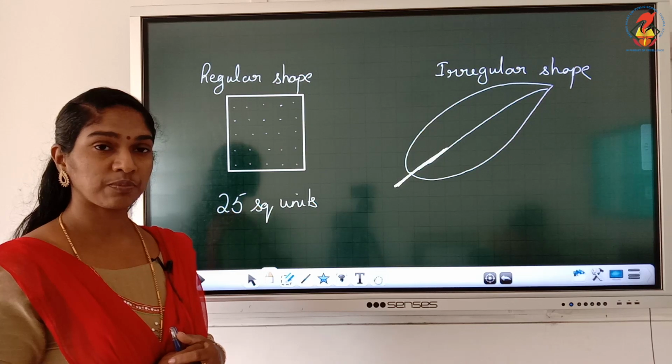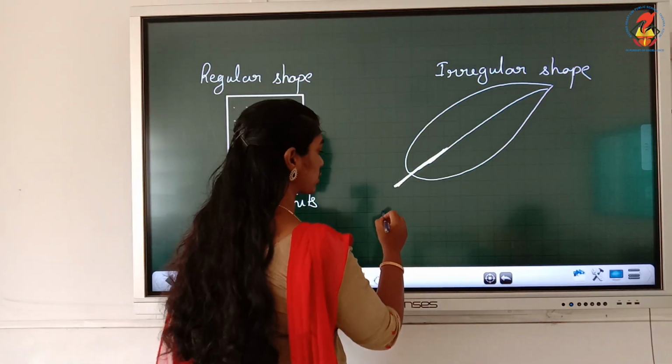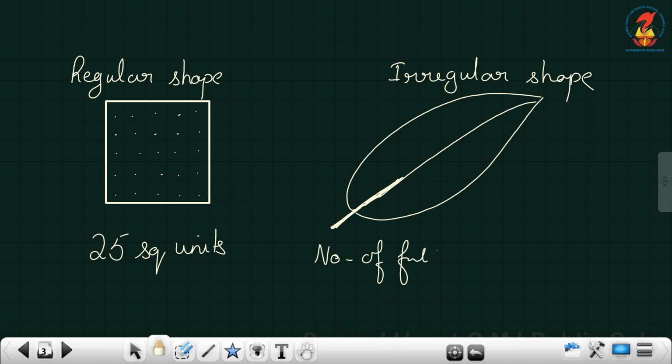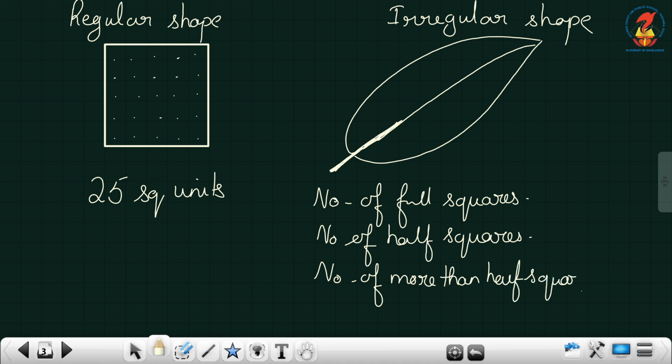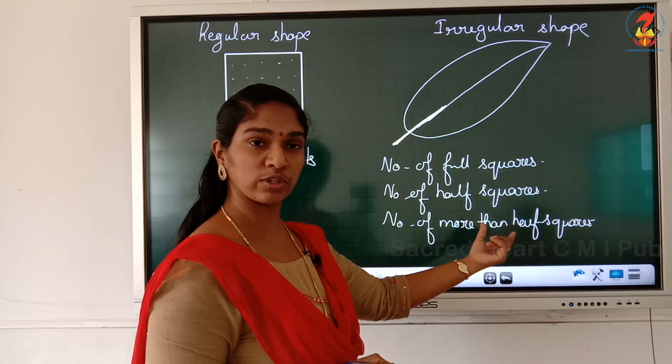We take the number of full squares first, then the number of half squares, and after that the number of more than half squares.